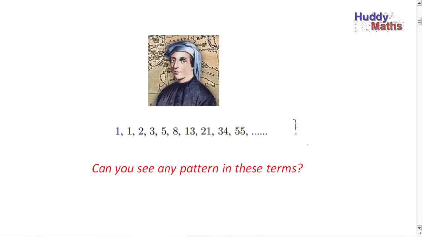It's a fairly difficult one, isn't it? Because these don't go up by anything. This goes up by 1, this goes up by 1, and then that goes up by 2, and then 3, then 5, but then that's 8. And 13. Oh, this is hard to see a pattern here.